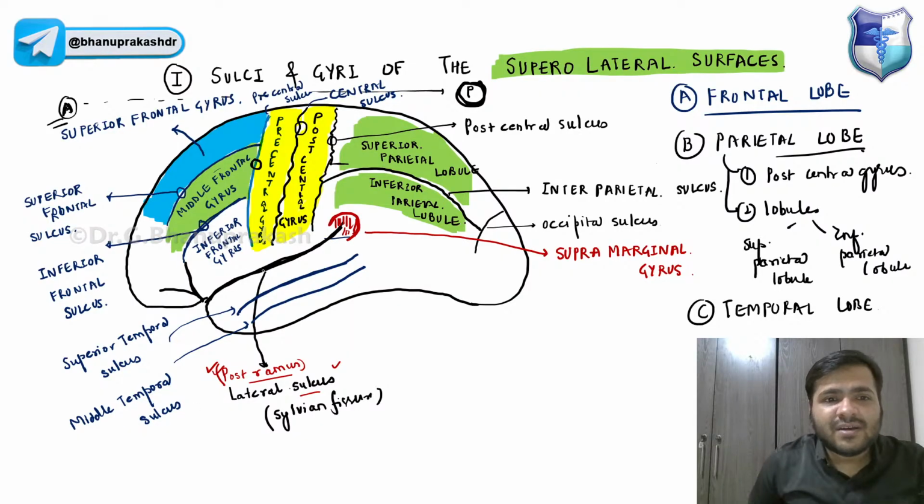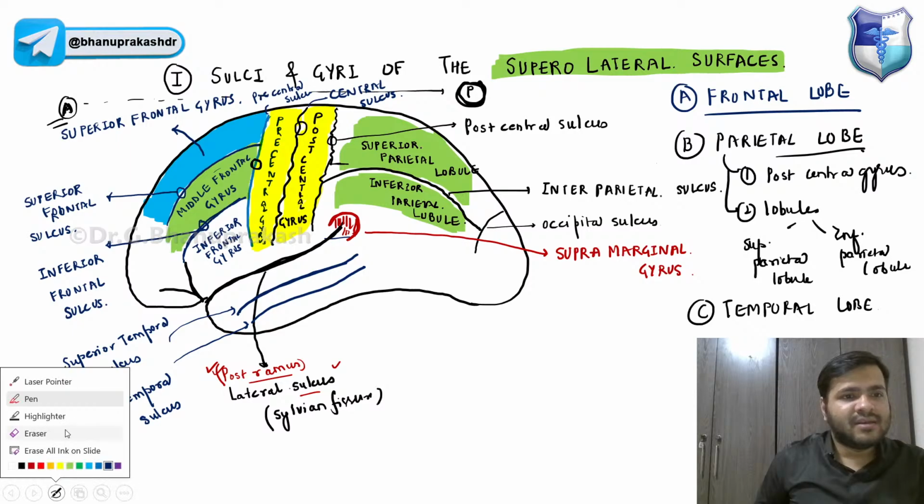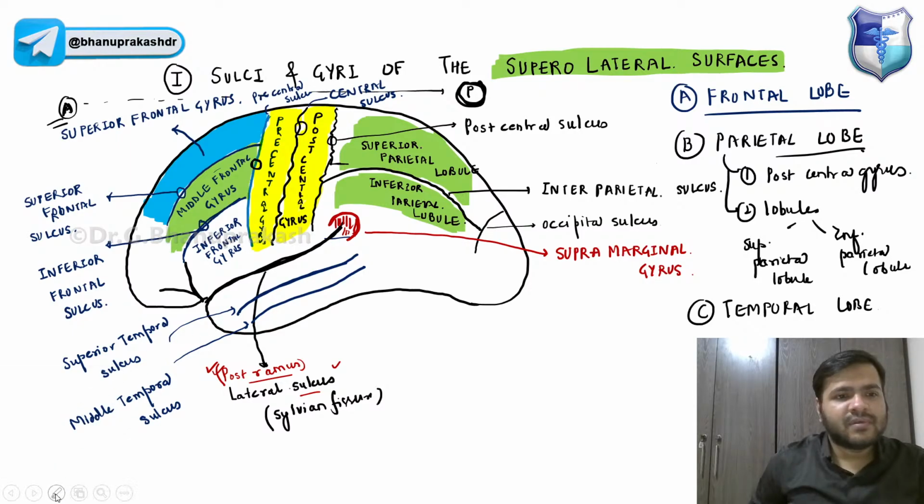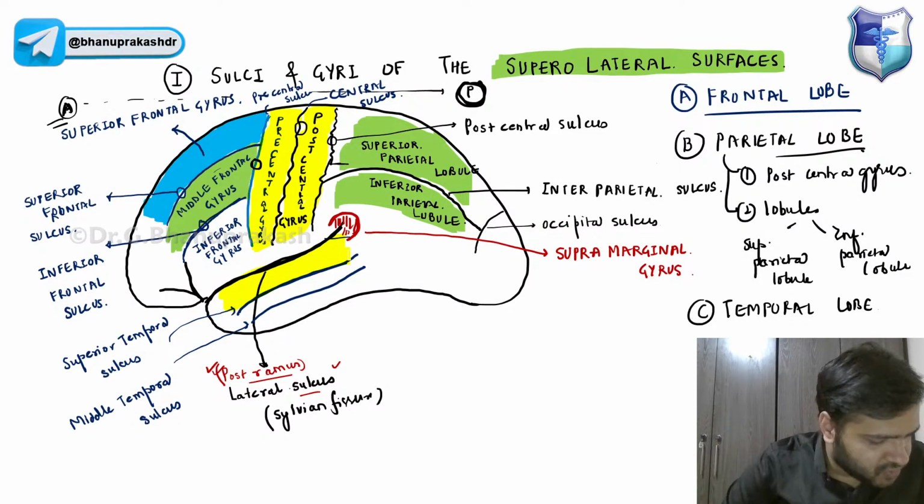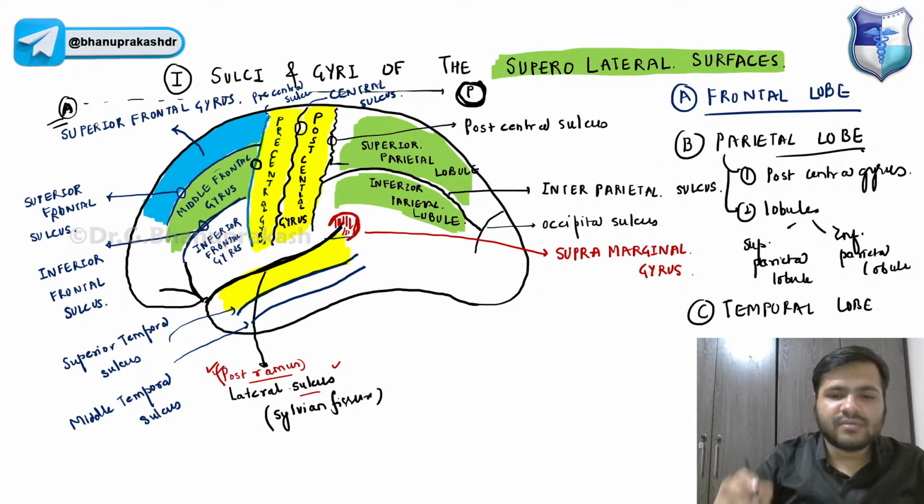Now, between the posterior ramus and the superior temporal sulcus, this area, guys, which I'm highlighting right now, this is the superior temporal gyrus. Very good.